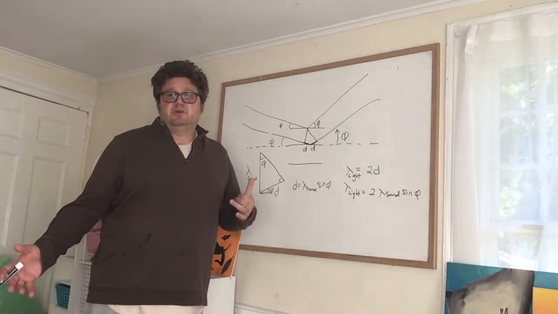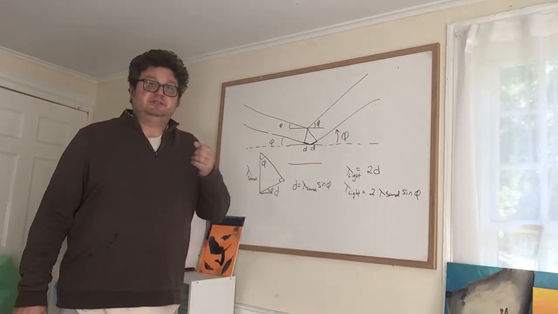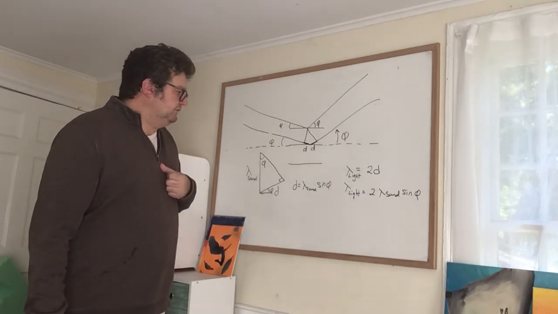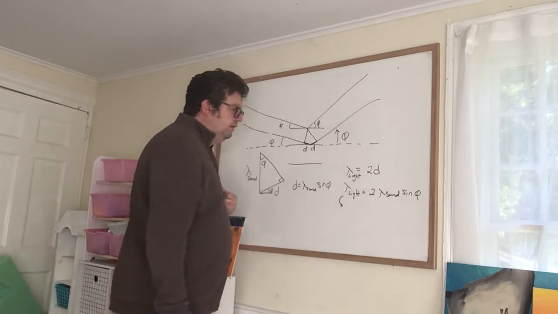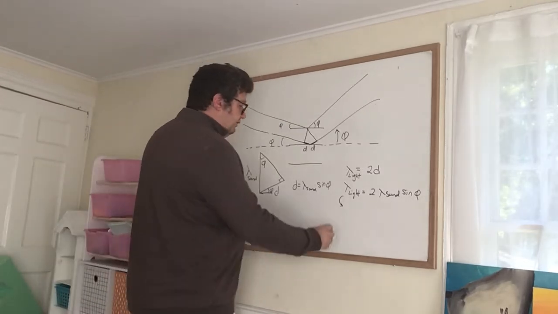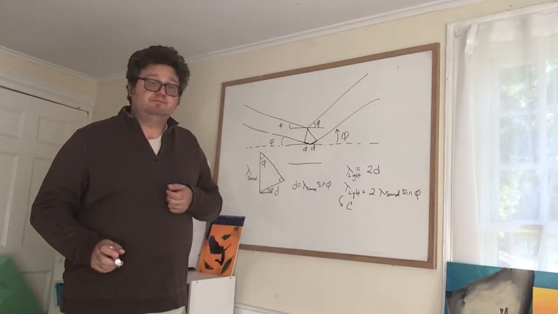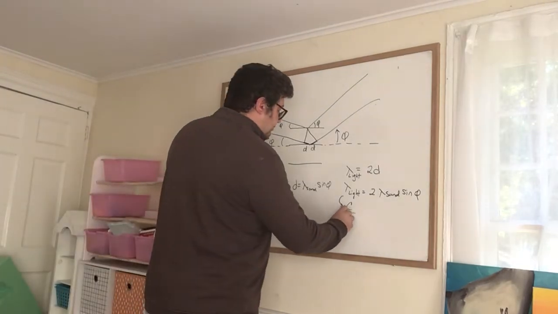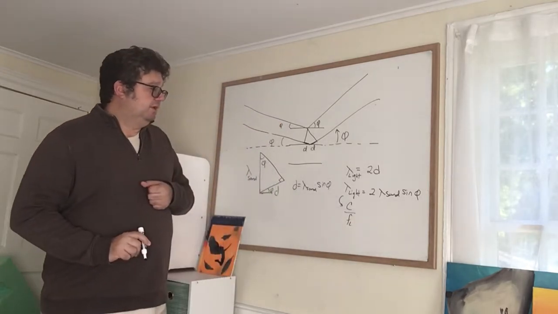All right, so lambdas are okay to work with, but we usually think of these things in terms of frequency. So if we want to convert this to frequency, lambda of light is going to be c, the speed of light, divided by the frequency of light, right?